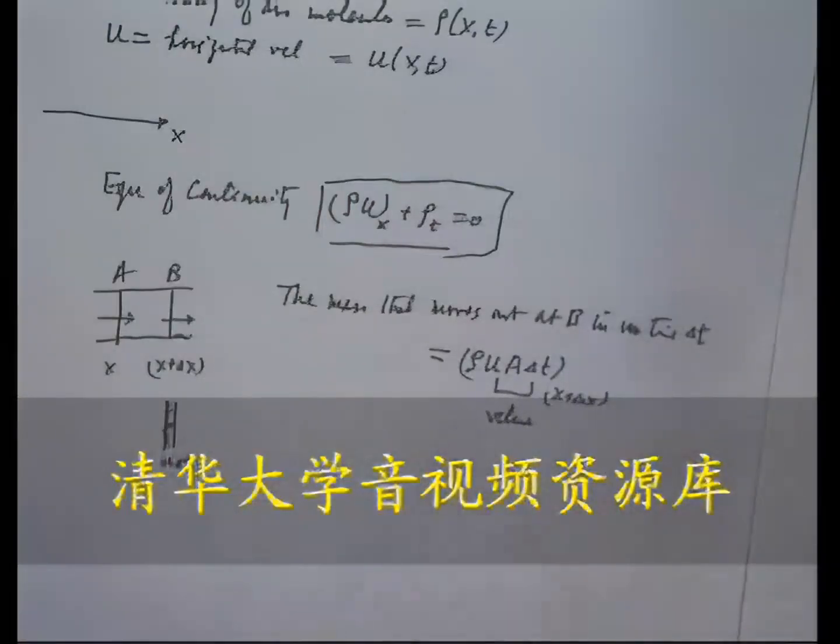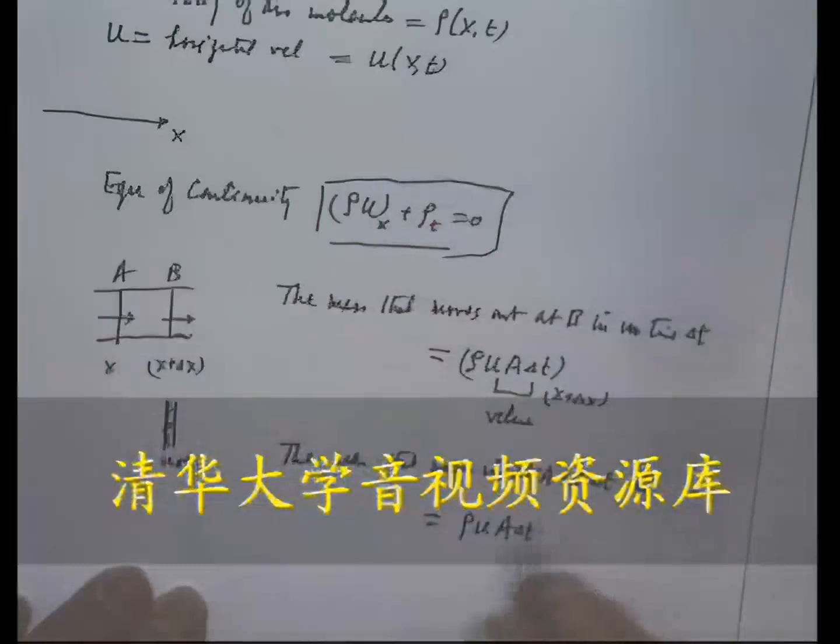The volume times rho is the mass that moves out at x plus delta x. The mass that moves in at A in delta t is rho u A delta t at x.